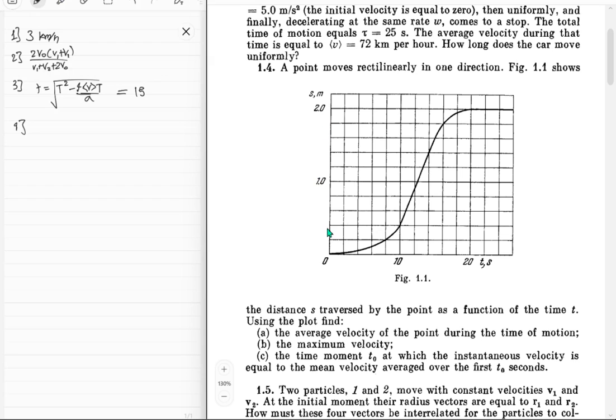Okay. It's displacement versus time. That's all they are giving us. Fine. The average velocity of the point during the time of the motion. So from 0 all the way till, so over here it's not moving anymore. So do we consider it till 20 or not?